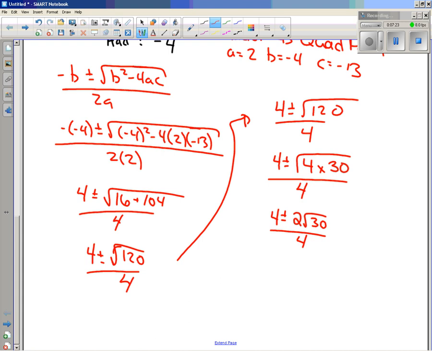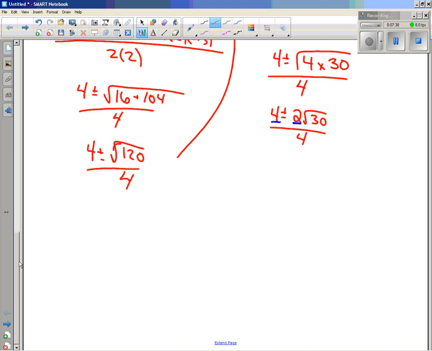Then you can look at the numerator and say, all right, I have two terms here. I have a 2 and a 4. Can I factor out something from those? You can factor out a 2. So our numerator can be expressed as 2 bracket 2 plus or minus root 30 over 4.